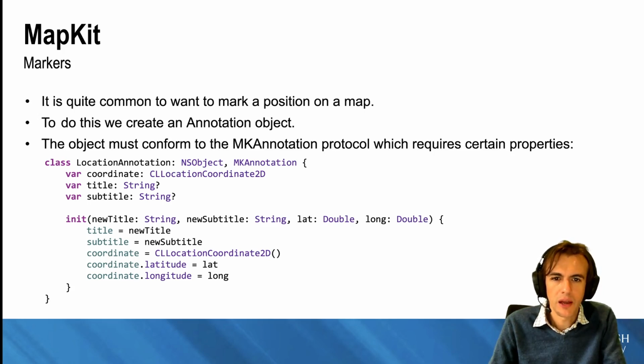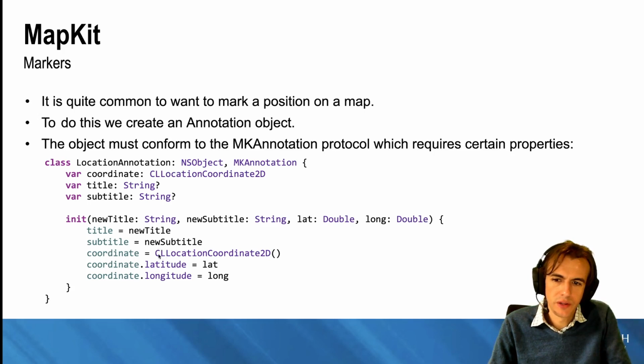The MKAnnotation protocol requires certain information. It requires a coordinate because that's used to position the annotation. It requires an optional subtitle and title, and this is information that is shown as a label for the pin on the map.